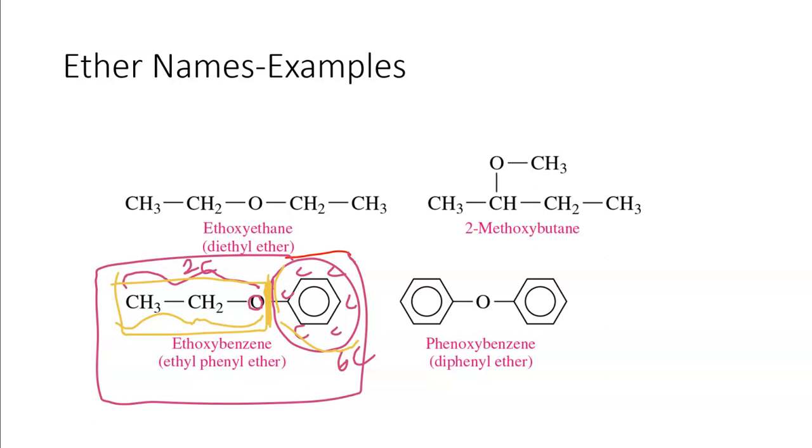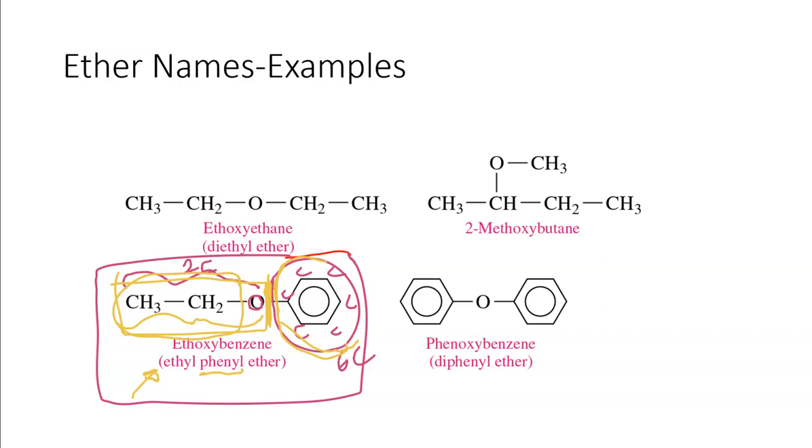It's just like the same alkane name. Now the common name, you see a difference here. So this part of the molecule is named as ethyl, and now we don't say benzene to this part. Instead, we say phenyl. Phenyl is the name that we give to the benzene ring when it is attached as a substituent.